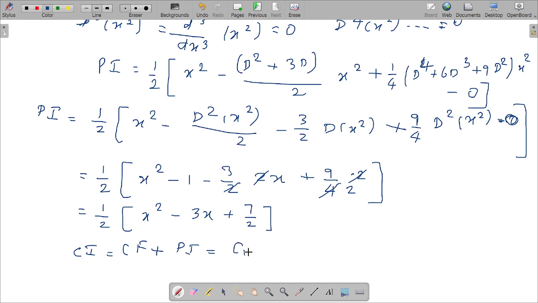C1 e power minus 2x plus C2 e power minus x, plus 1 by 2 x square minus 3x plus 7 by 2. Okay, so this is one problem. Okay, one more problem.